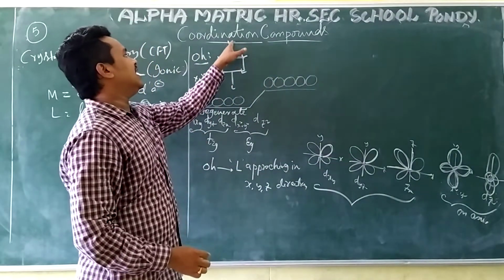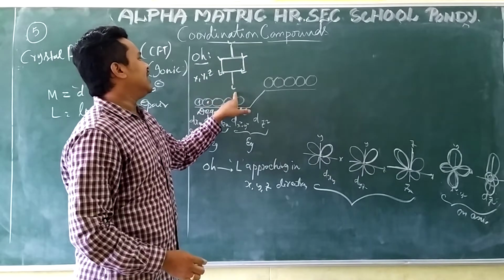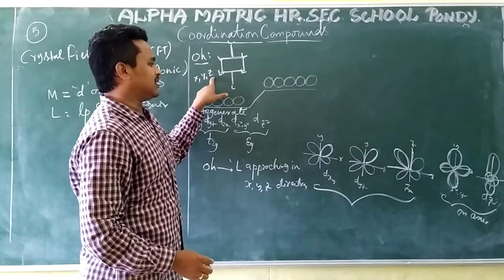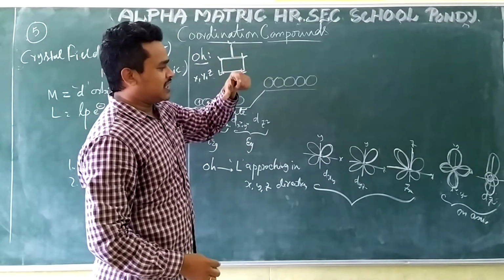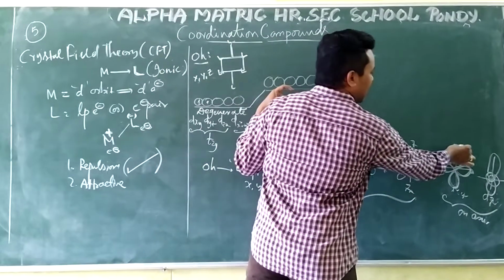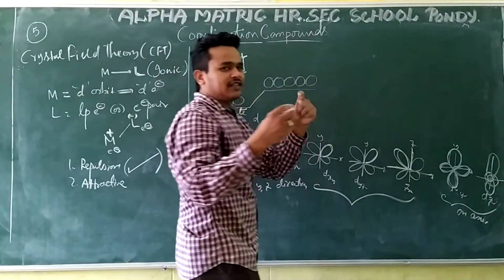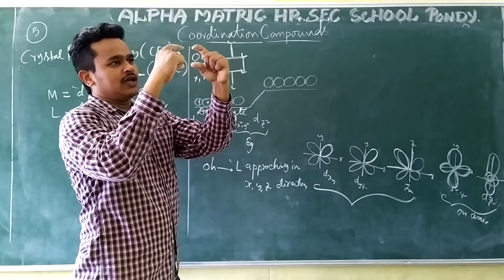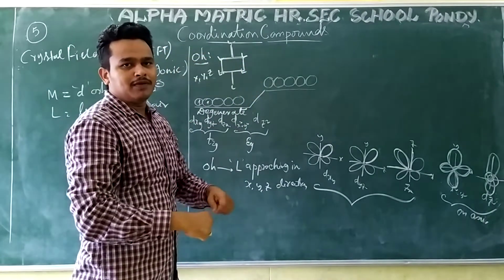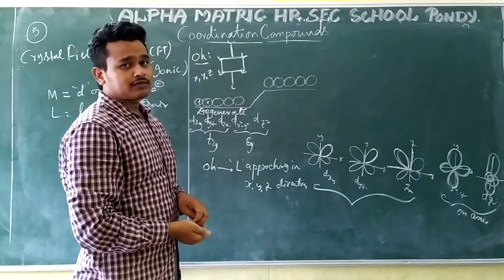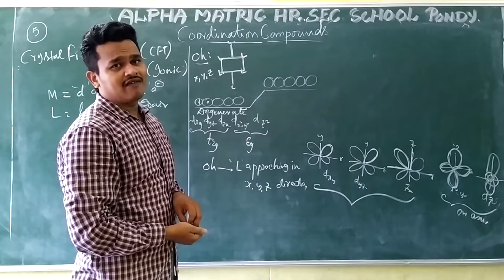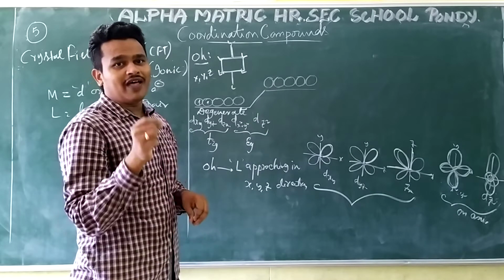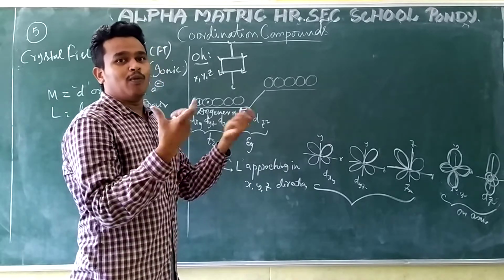What I told you: ligands are coming in the x, y, z directions. Here also on the y axis and z axis, lobes and electrons are there. So whenever they come face to face, axis to axis, the orbitals having electron density on the axis achieve more energy.